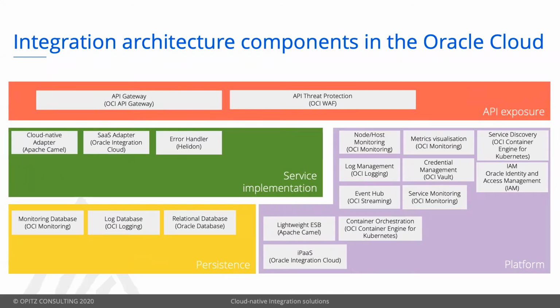All those tiers are defined by capabilities. So, for example, on the API exposure, we have capabilities called authentication authorization, rate limiting, or OWASP 10 protection. On the service implementation tier, we have capabilities like transformation, routing, validation, and all that kind of stuff.